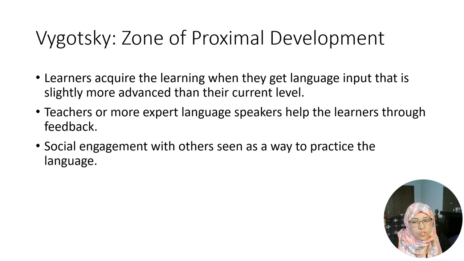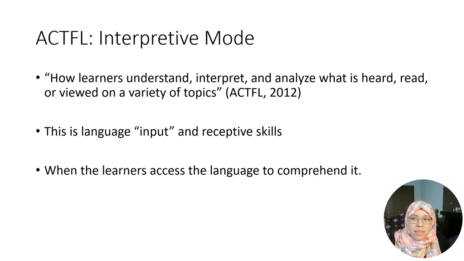Vygotsky used the term social engagement with others as a way to practice the language. So you cannot practice the language by yourself; you need someone else to practice it or produce the language.